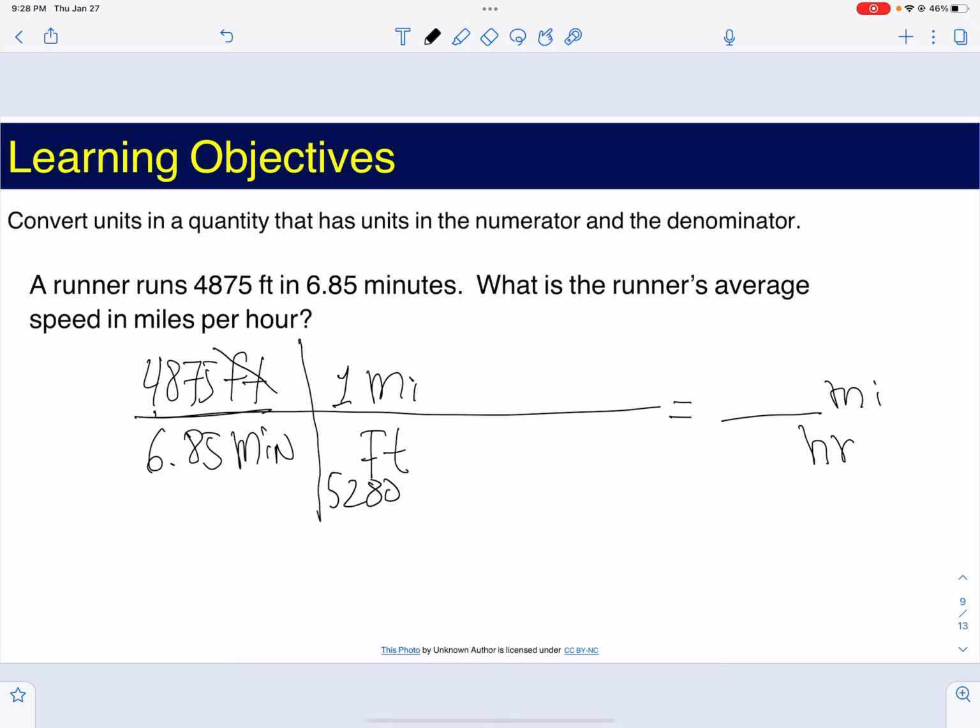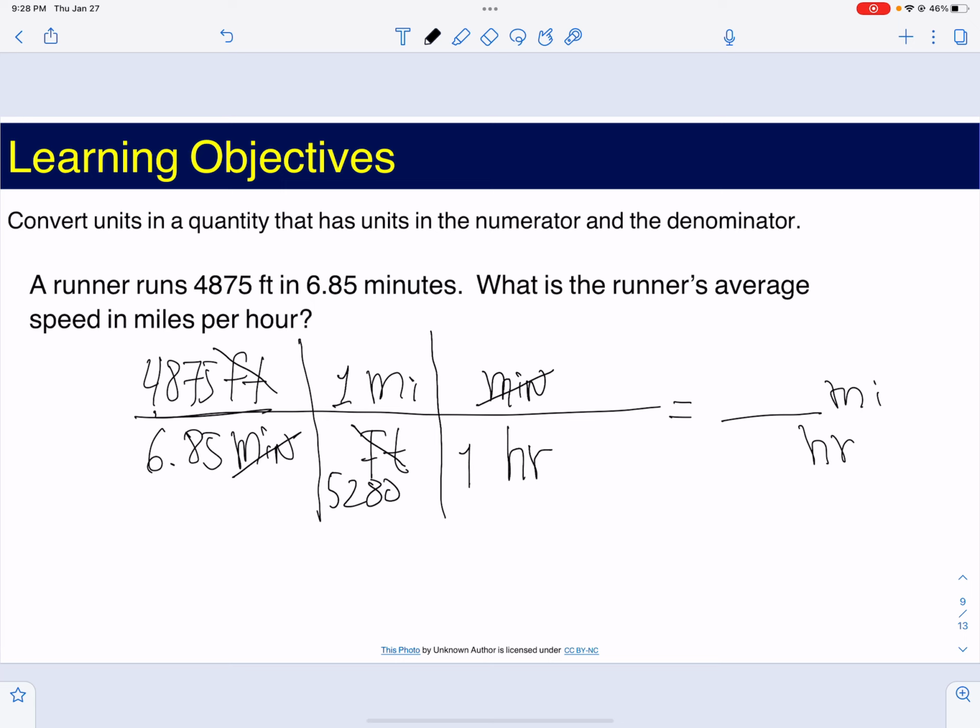So feet cancel with feet. So I already got my miles. What about my minutes? The minutes are at the bottom, right? So I'm gonna cancel by putting minutes on top. Minutes cancel with minutes. And I know how many minutes I have in an hour.